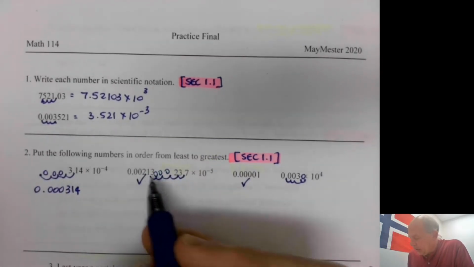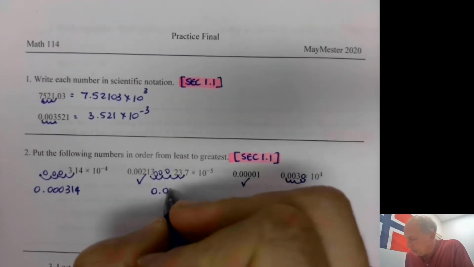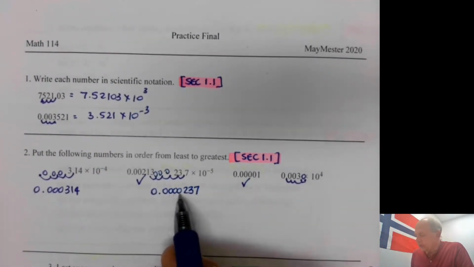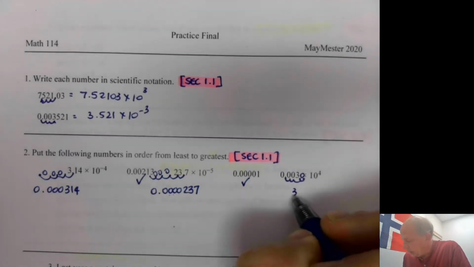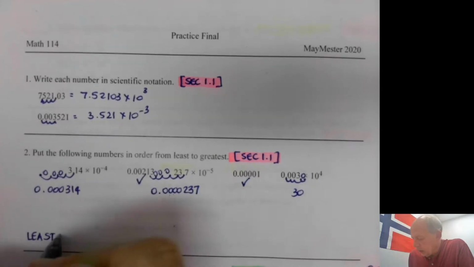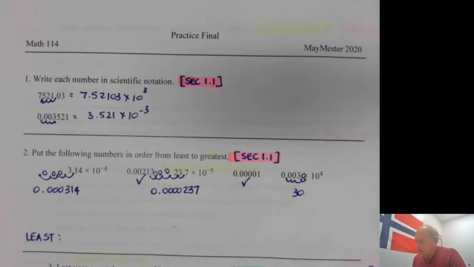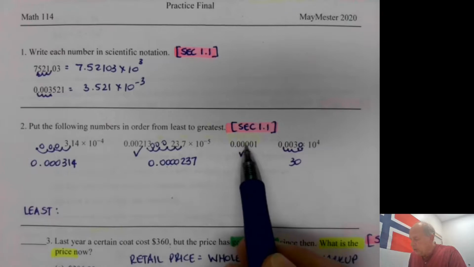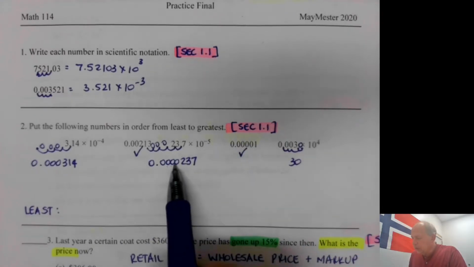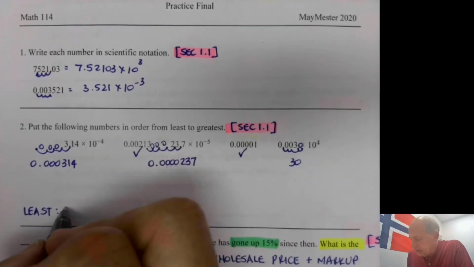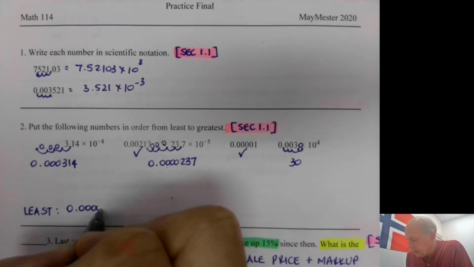So my values here are 0.000314. That I'm set to go. This one is 0.000237. That one I'm good to go. This one is 30. So starting out with my smallest value, I'm going to look for the most number of zeros after my decimal. This has 1, 2, 3, 4. This one has 1, 2, 3, 4. So the zeros make it a tie. 1 is less than 2 for my tiebreaker.